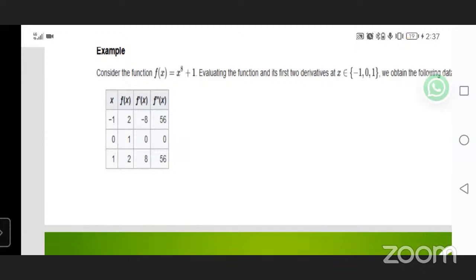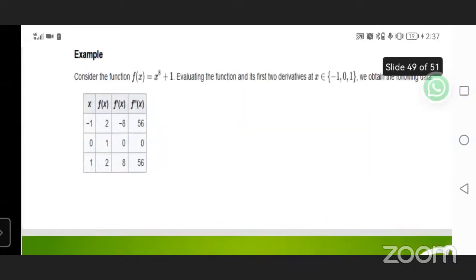So the first derivative for when x is -1 is -8, while when x is 0, it's 0 too, and when it's 1, it's 8. For the second derivative, when x is -1, the second derivative is 56. When x is 0, it's 0, and when x is 1, it's also 56.